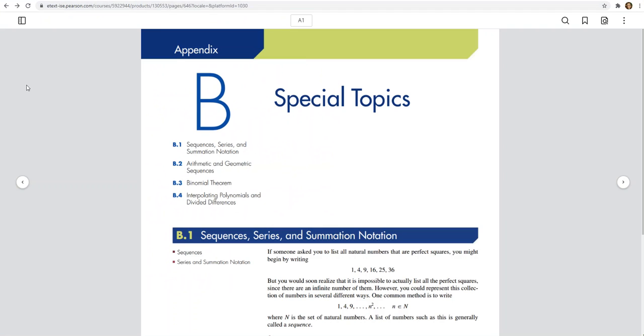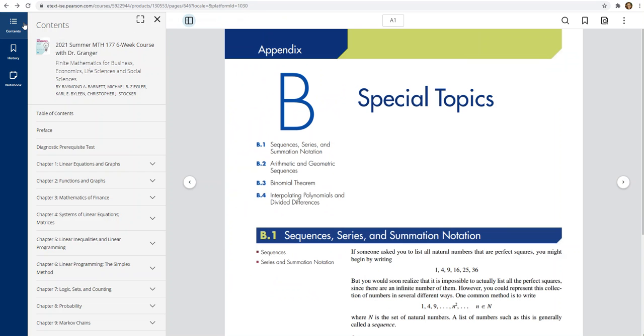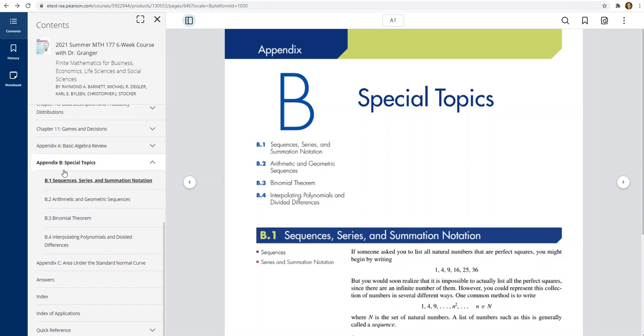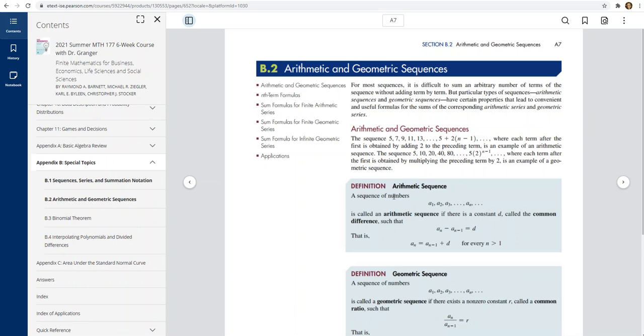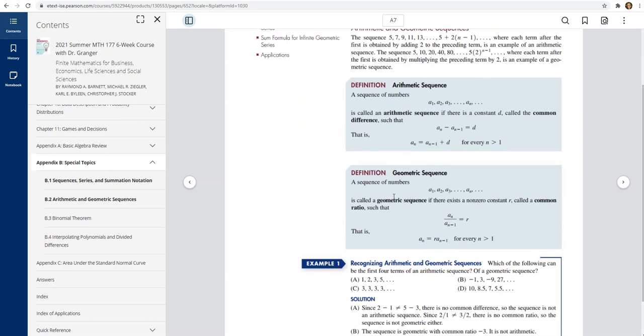If you're in the textbook, you've opened up the e-text, then you could open the menu, and that gives us a table of contents. And when you scroll down, you see that the appendices include arithmetic and geometric sequences. When I go to B2, this is where I could get a little more help with this type of question.